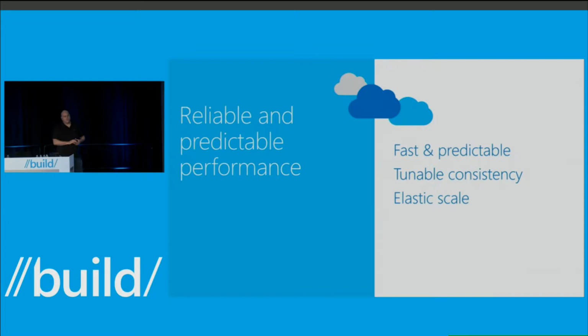So one of the other things that we want to do is reliable and predictable performance, okay? When we started out, one of the very first things that we said is that we don't want to have this notion of a noisy neighbor problem, okay? Because that's the problem that puts a lot of people off from a database as a service, is that your application is usually impacted by what the neighbor on your box is doing, okay?